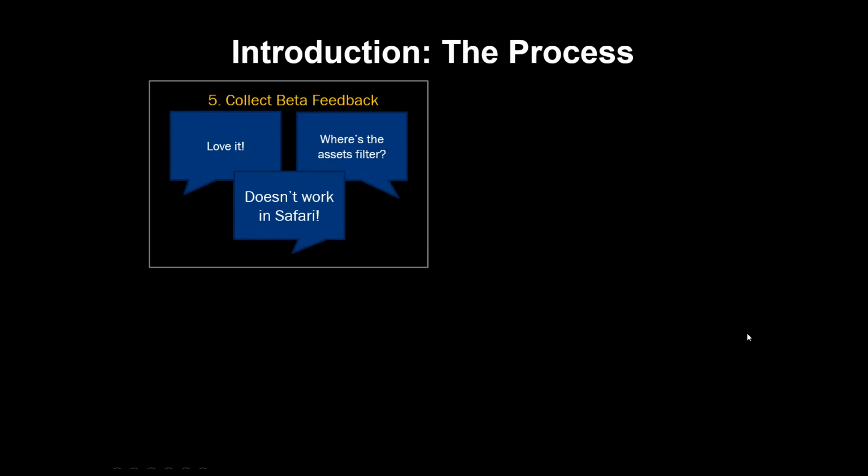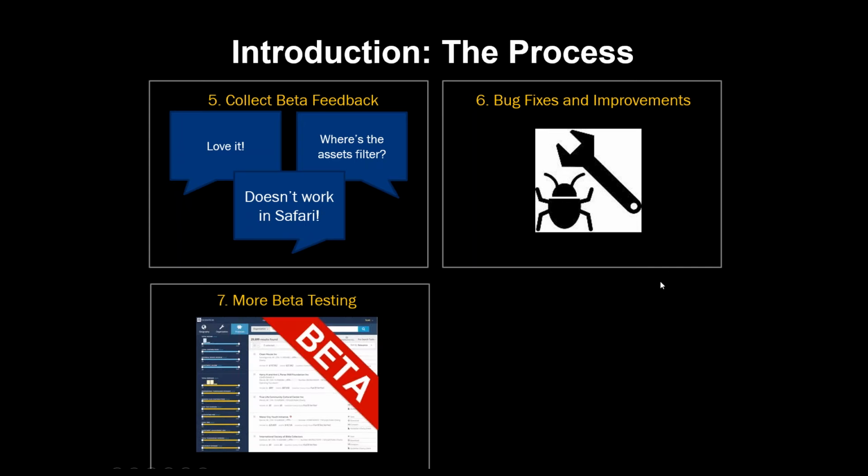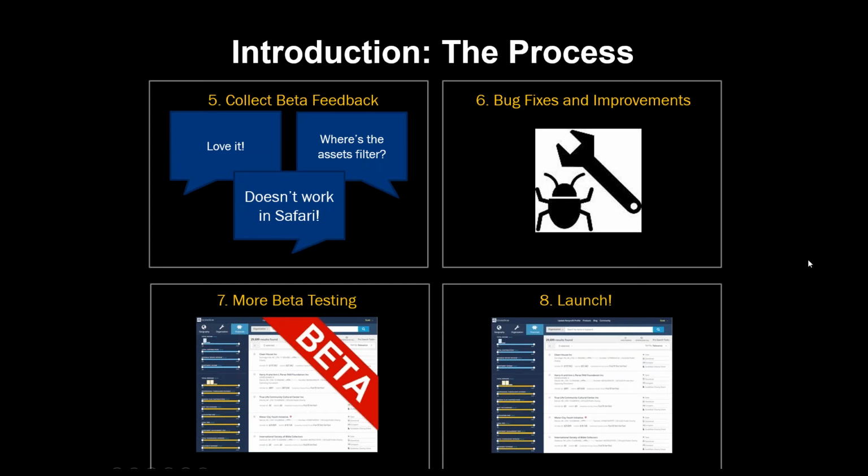Then we collect the beta feedback, whether or not there are any bugs that we have to fix or improvements. We then fix those. We develop the improvements. We do more beta testing and go through this cycle again, and then eventually we launch like we did last week with new search.